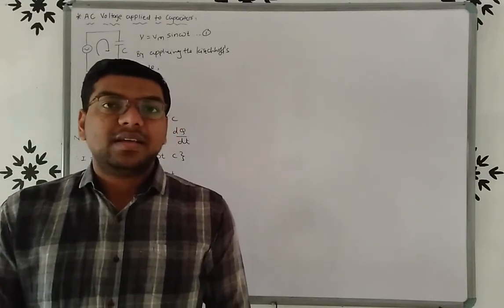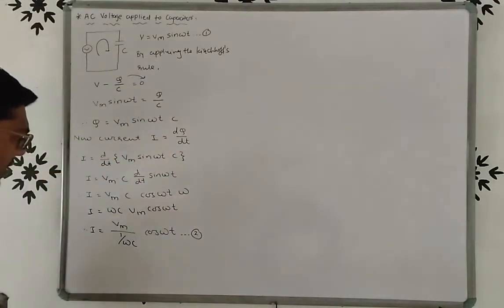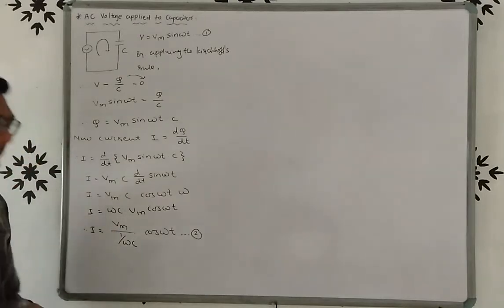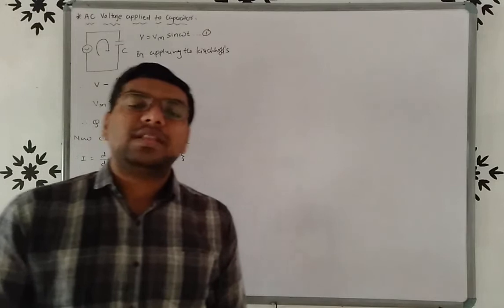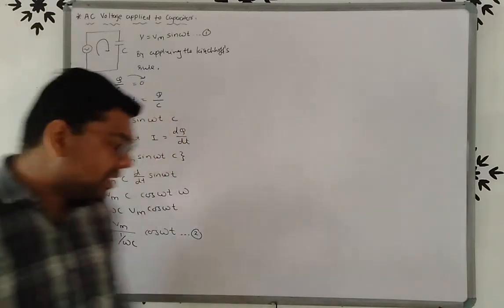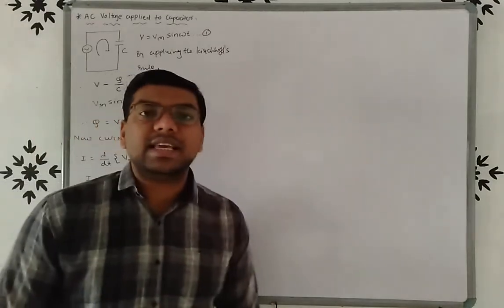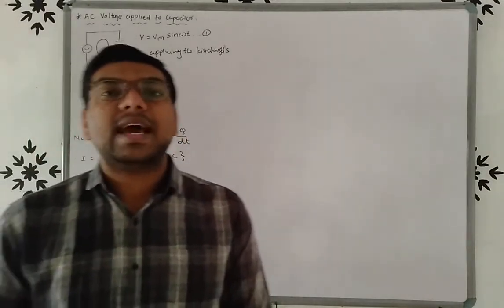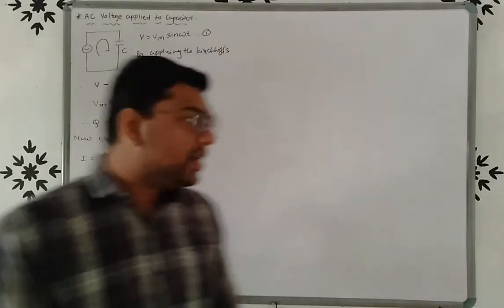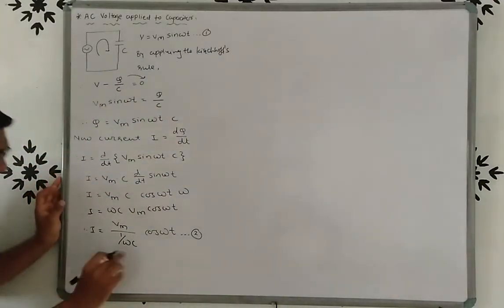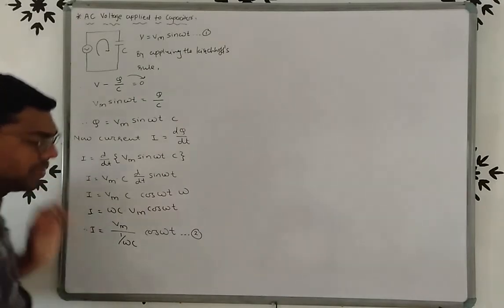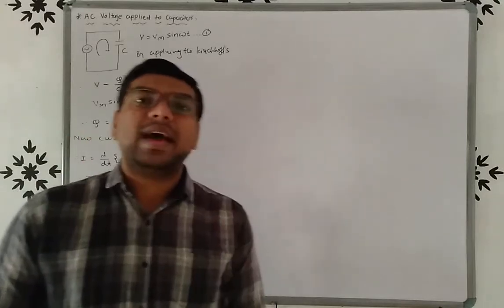So we compare this Vm by 1 upon omega C with Vm by R. Here we can say that 1 upon omega C behaves as a resistance, so it limits the current.